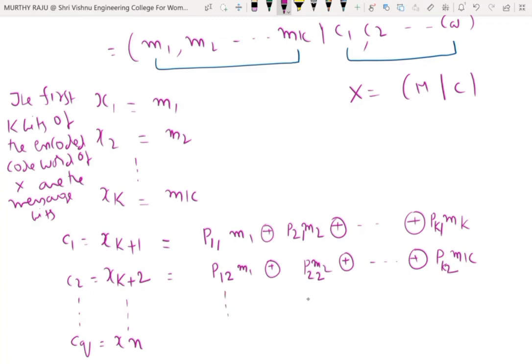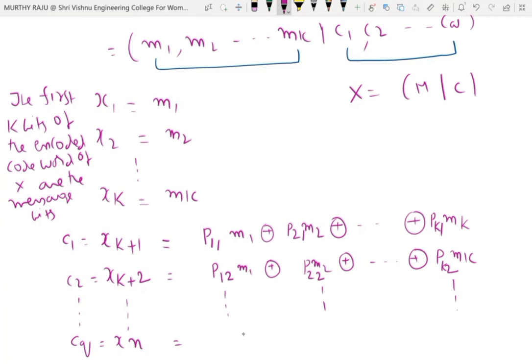And finally, Cq is equal to xn, where the last bits range from xk plus 1, xk plus 2 to xn, which are the parity bits.